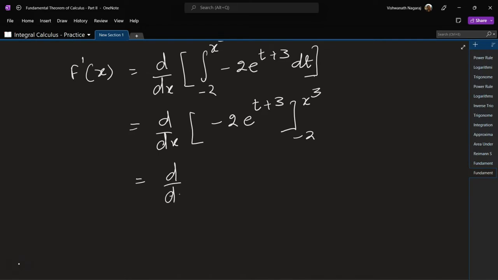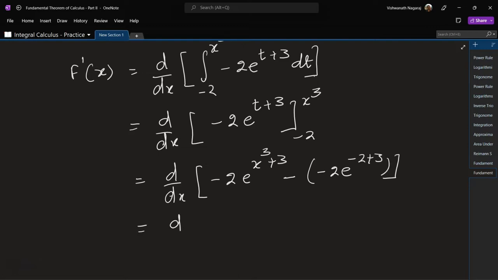So d by dx of minus 2 e to the power of x cube plus 3. Then minus 2 e to the power of minus 2 plus 3, which gives us d by dx of minus 2 e to the power of x cube plus 3 plus 2 e to the power of 1, that is 2e itself.